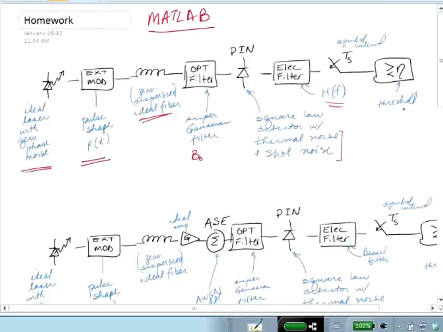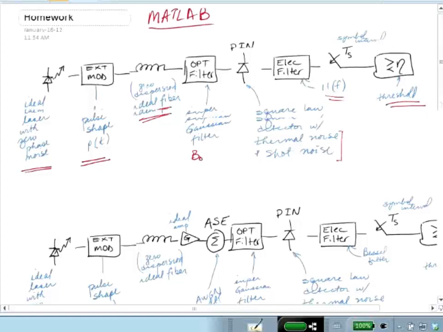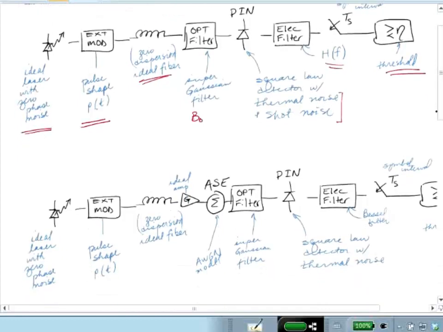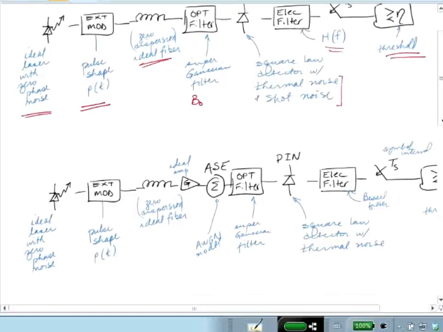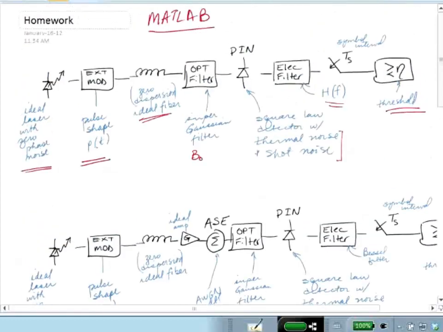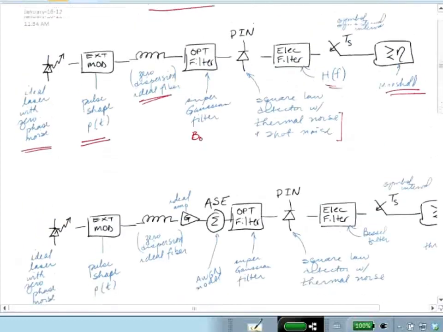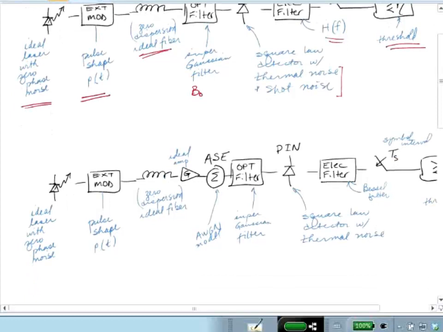In the MATLAB code, you'll be calculating bit error rate with the optimal theoretical threshold and then comparing it with a numerically optimized threshold. That's one without ASE, and then we'll also be running the same experiments with ASE added. So you can see here there's optical amplification, there's a perfect gain, and then there's the ASE process.